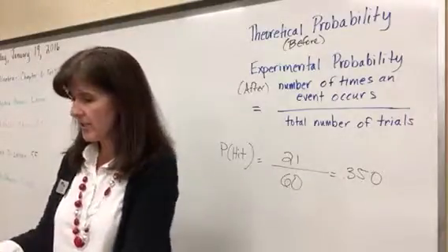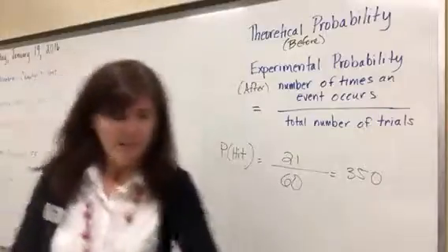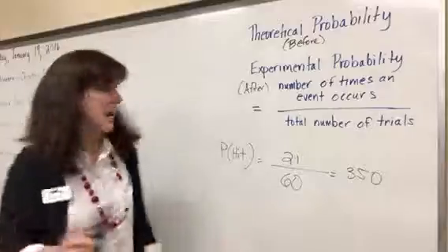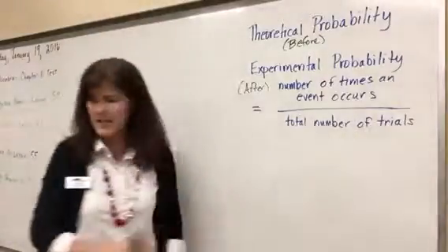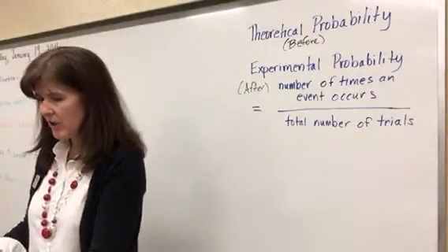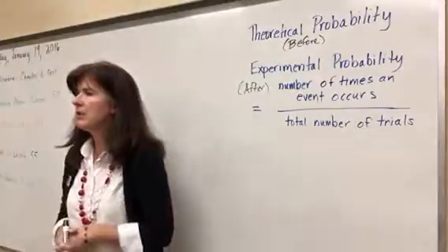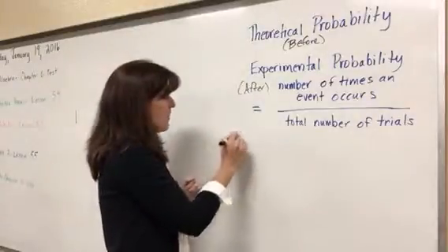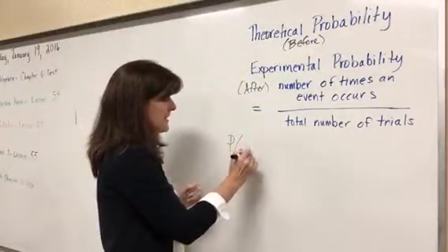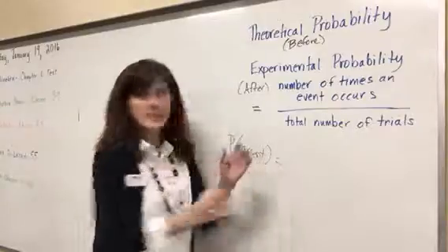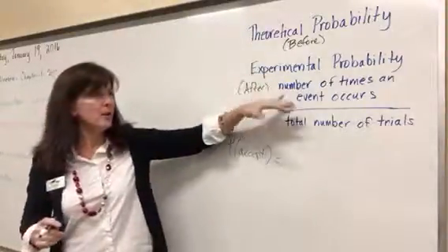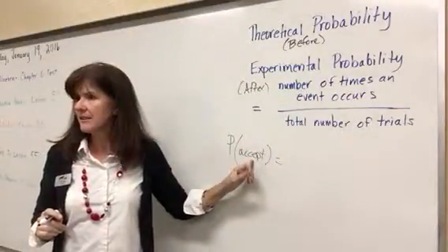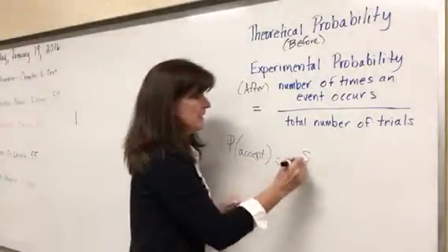A salesperson distributed samples at the mall. 50 shoppers accepted the samples and 30 did not. What is the probability that a shopper at the mall will accept the sample? Let's go back to this basic formula. How many times did they accept it? 50.